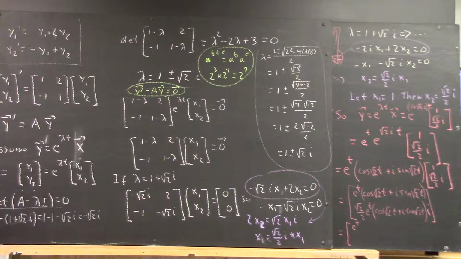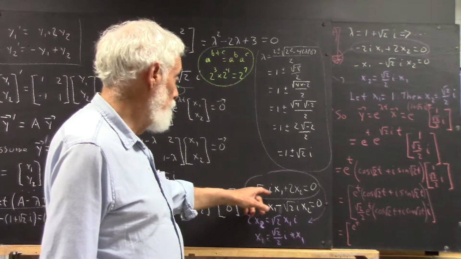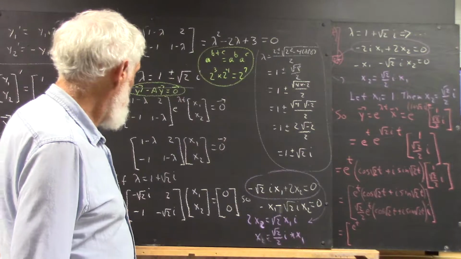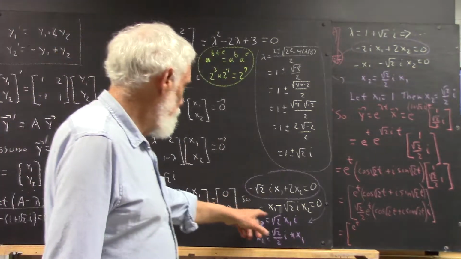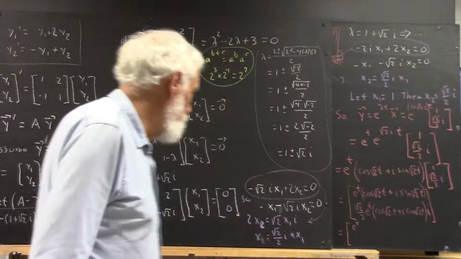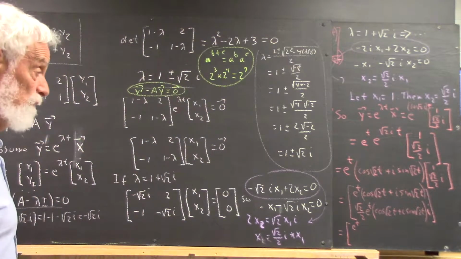Okay, well, how do we solve that? We can write down the two equations. Multiply this row by this column, you get negative square root of 2i times x1 plus 2x2. Multiply through here, you get negative x1 minus the square root of 2i times x2, in each case equal to 0. Turns out that these equations are identical.